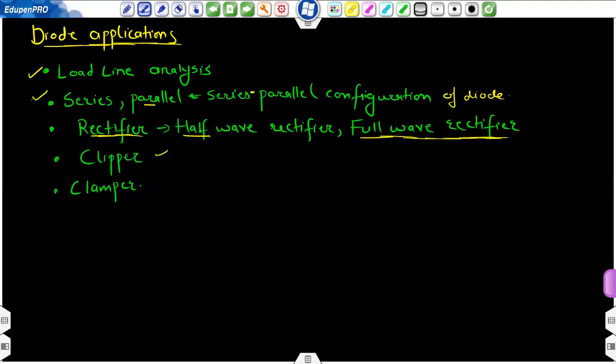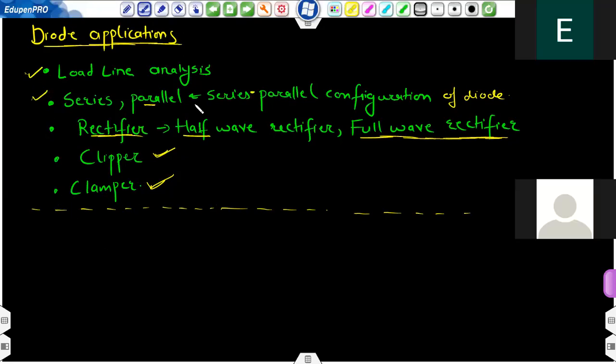Next is clipper and clamper. So these are the applications that we are going to discuss. Diodes have many more applications like logic gates, amplifiers, switches, but according to our syllabus, we will be limiting our discussion to these four or five topics.